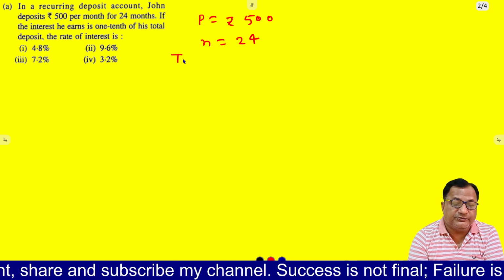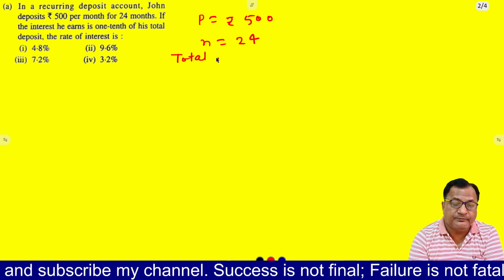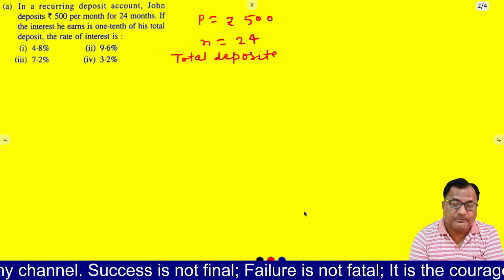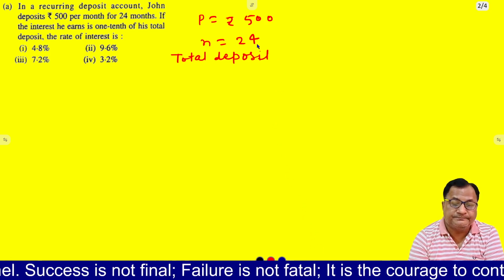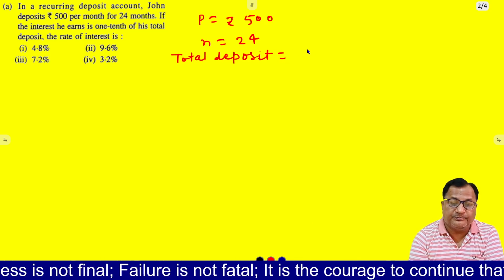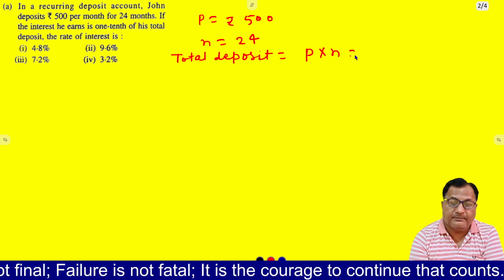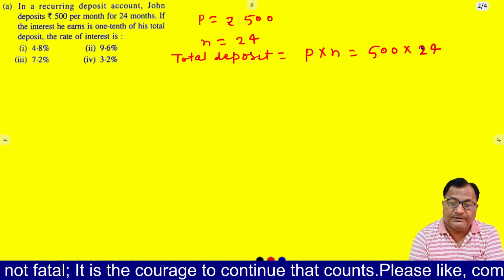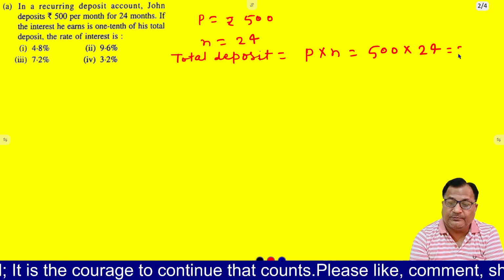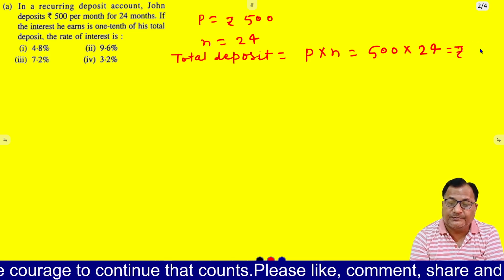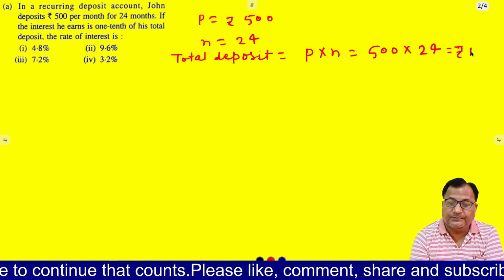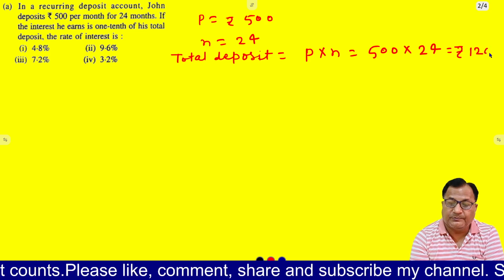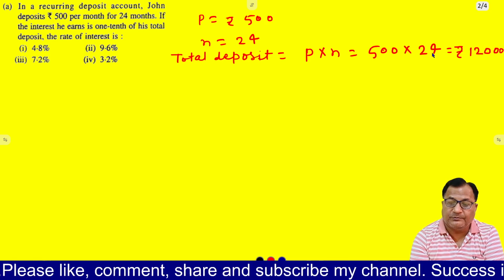So total deposit will be P into N, means 500 into 24 is equal to rupees 12,000.